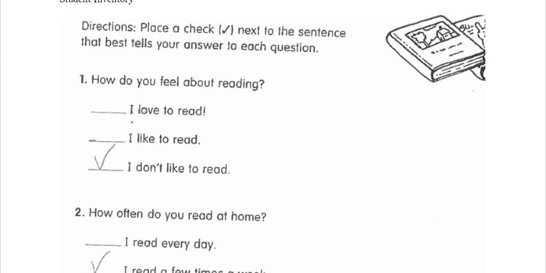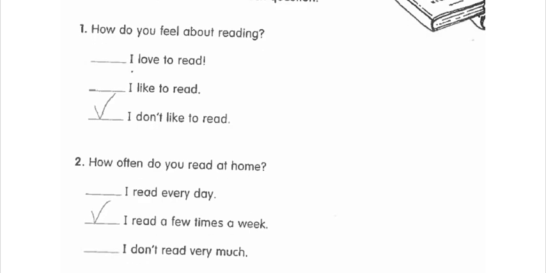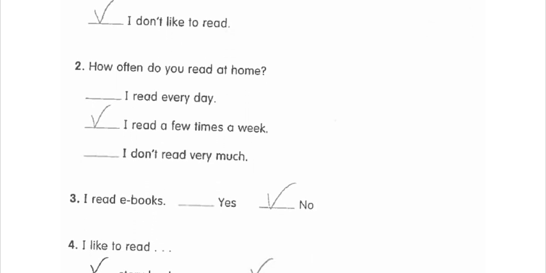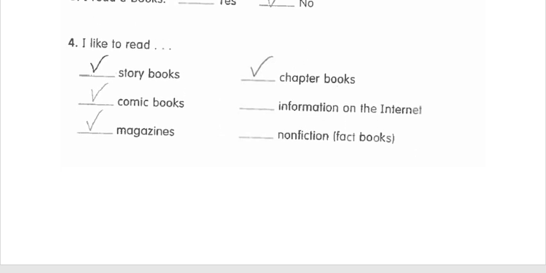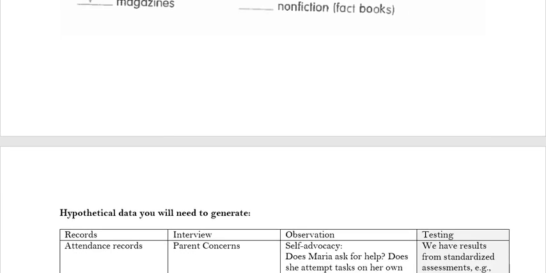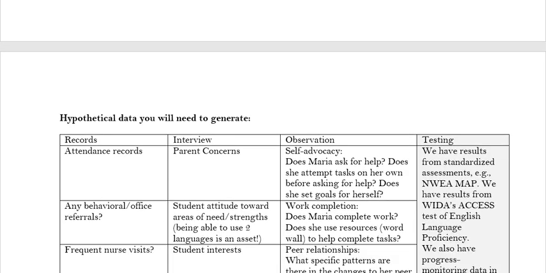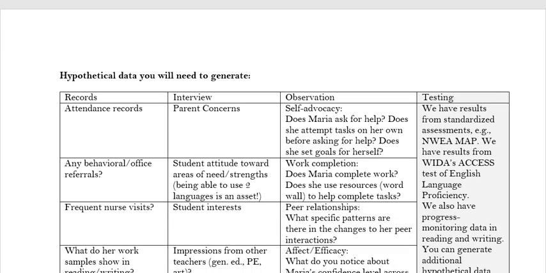The student inventory shows us that Maria reports an unfavorable attitude toward reading. She notes that she reads a couple times a week, and she can select several types of genres as her favorite to read.